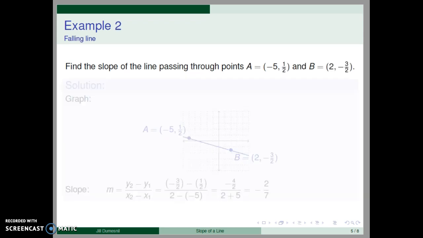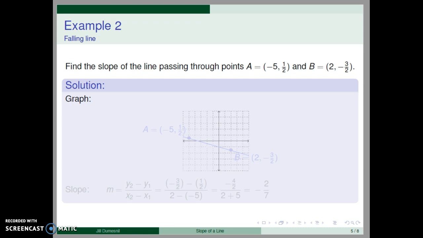For our second example, let's find the slope of the line passing through the points A with coordinates -5, 1/2 and B with coordinates 2 and -3/2. Again, I will start the solution by drawing the graph of the corresponding line. I draw some axes with a coordinate grid.